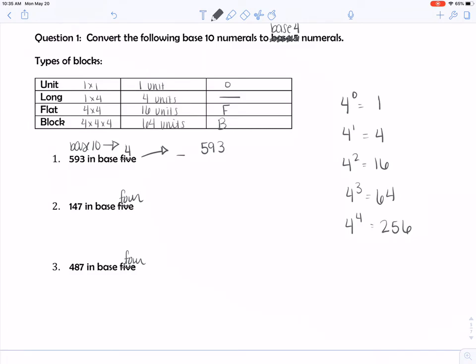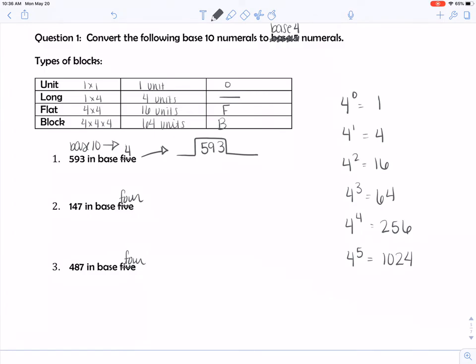So I have 593. I need to find the biggest number that I can go into 593 without going over. Because right now my list of 4 exponents ends at 256, I'm going to find the next one. So 4 to the 5th gives me 1024.